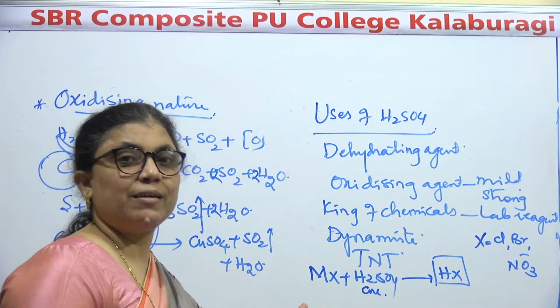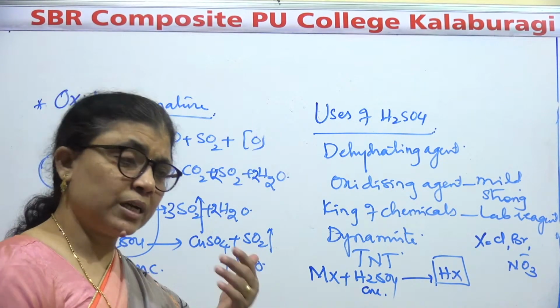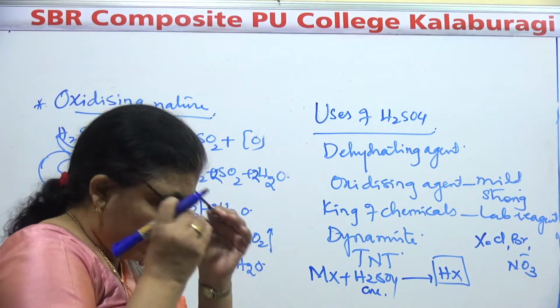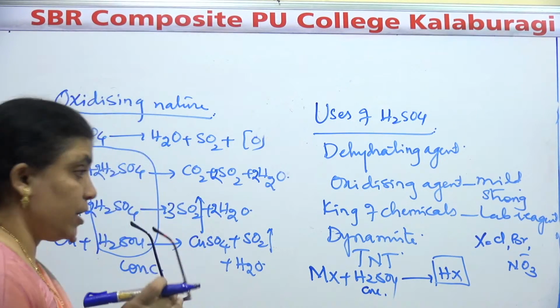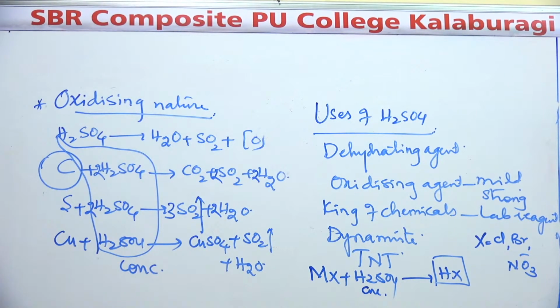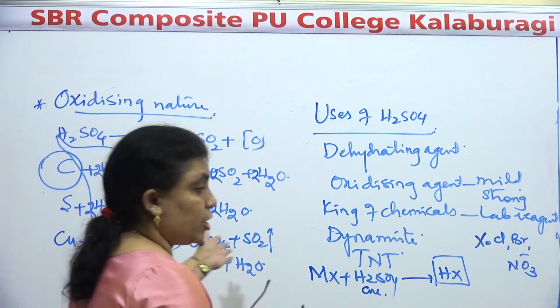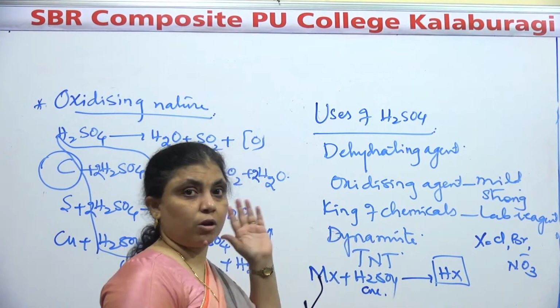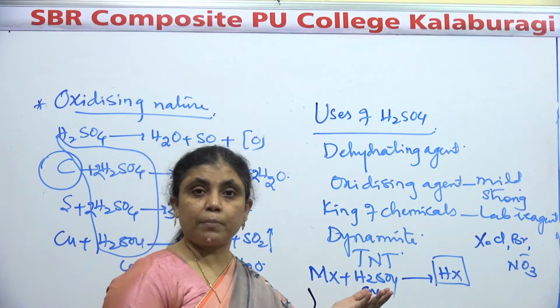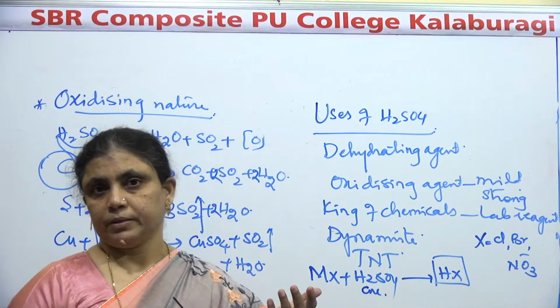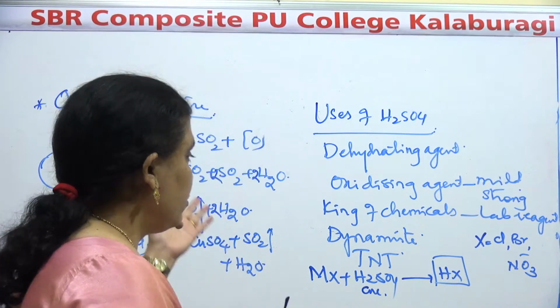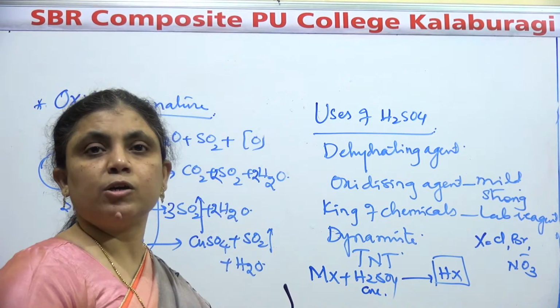Next, allotropes of sulfur, then sulfur dioxide, preparation, properties and uses, as well as sulfuric acid. Preparation is not there, as it has been eliminated from the updated syllabus, so we discussed its properties and uses.